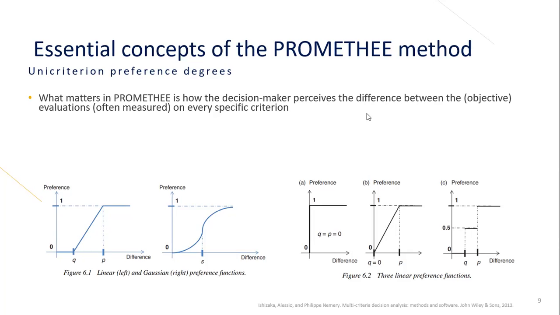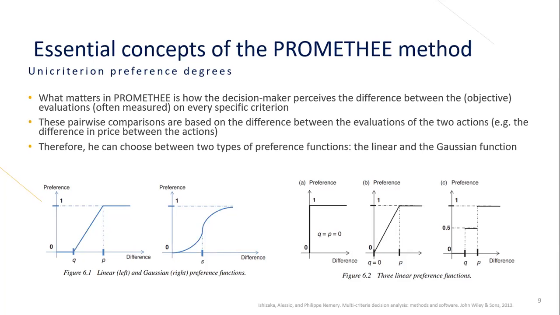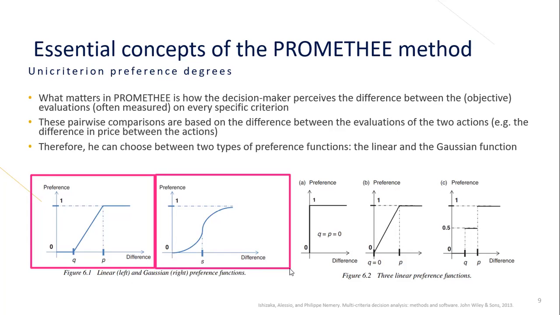In order to give that score between 0 and 1, you can use this technique. First, you need to consider which kind of function you are going to use. There is a linear function, and another one is a Gaussian function.